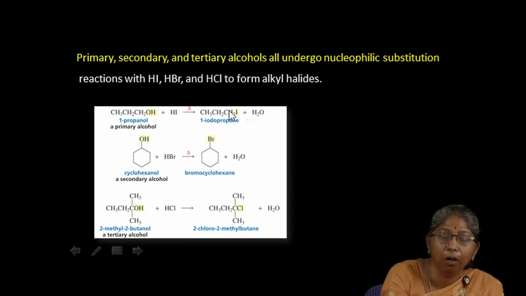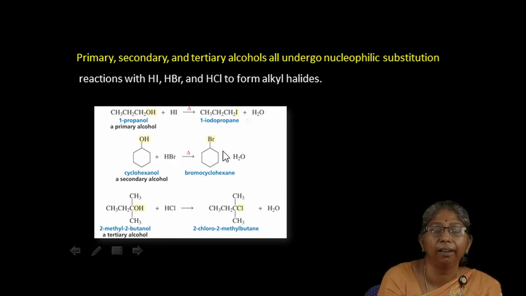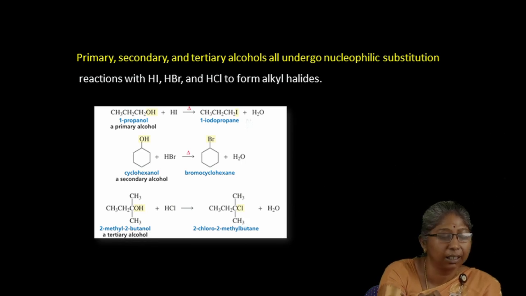For secondary alcohol I have taken cyclohexanol, and you get bromocyclohexane. The third example is a tertiary alcohol, which with HCl forms the alkyl chloride. So all three alcohols react with halo acids and give alkyl halides.